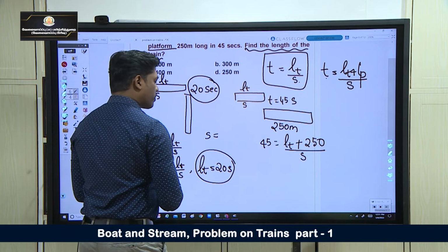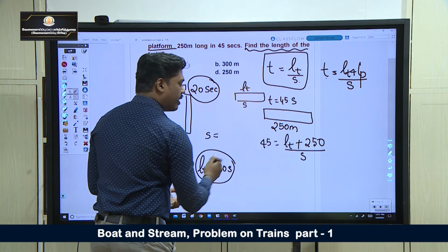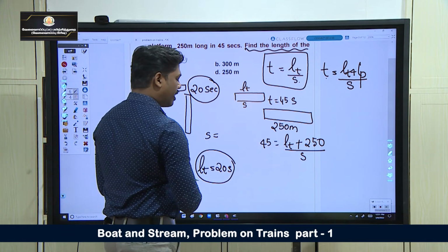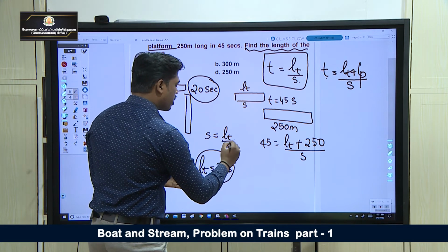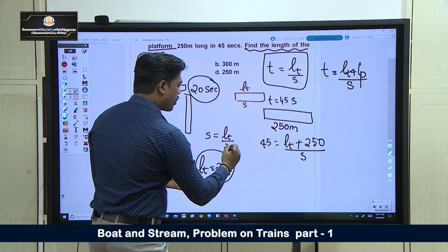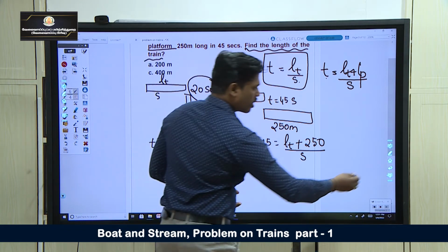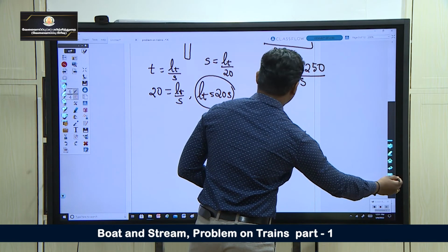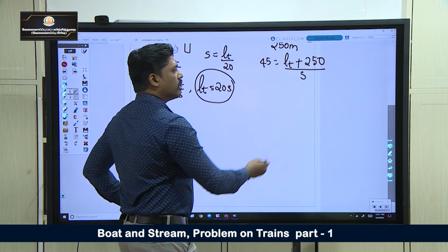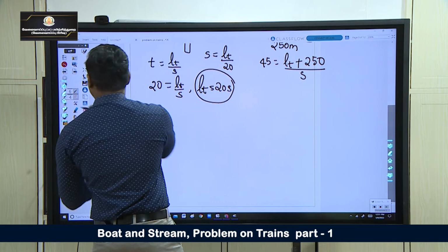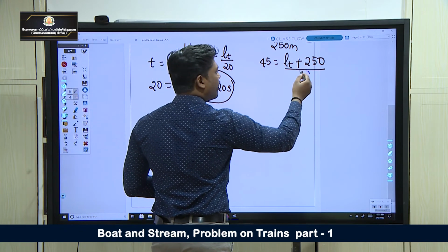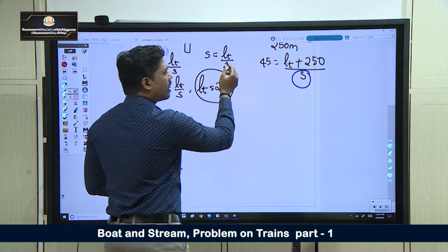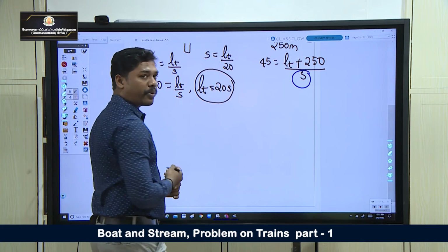So, what we can do here is, in place of speed, put the L value, length. Speed is equal to length of train by 20. So, in place of S, I am putting length of train divided by 20.